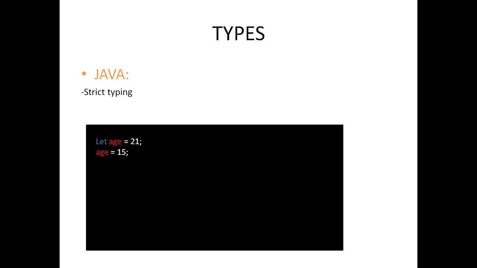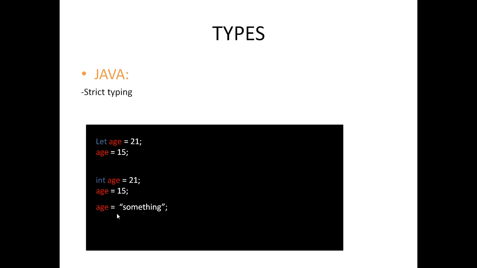So again, with an example here, we have an age that is 21 and also 15. We can't write the code like this in Java actually. We need to state what exactly the variable is going to be. So if we have age and we have two integers here, we need to say that this variable is going to be an integer.